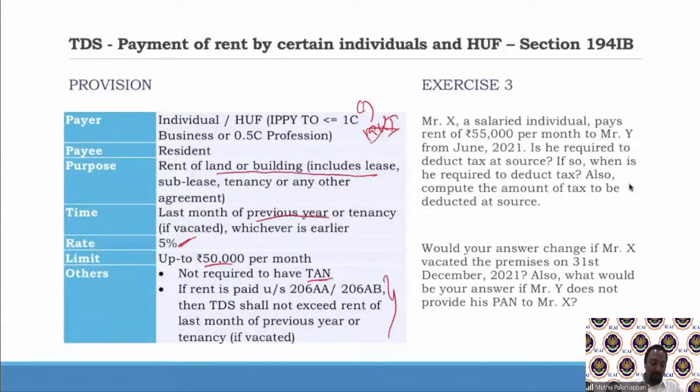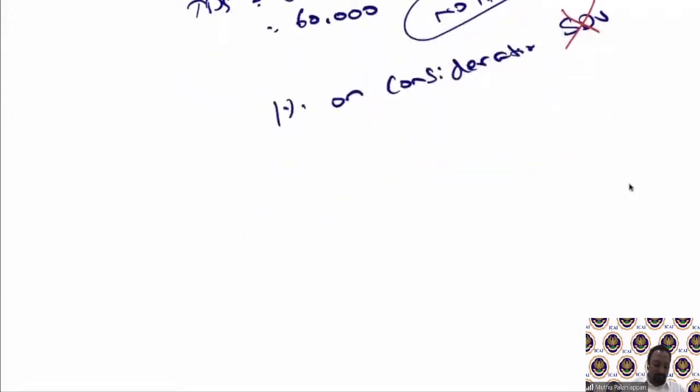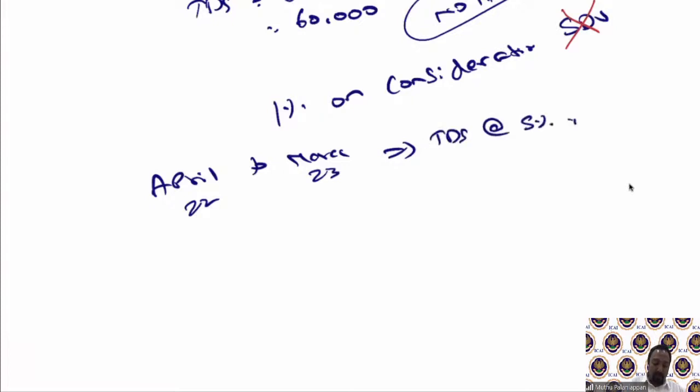As we said, the provision says, I stay from April to March. So this period, April 22 to March 23, this rental, TDS at 5% in March 2023.